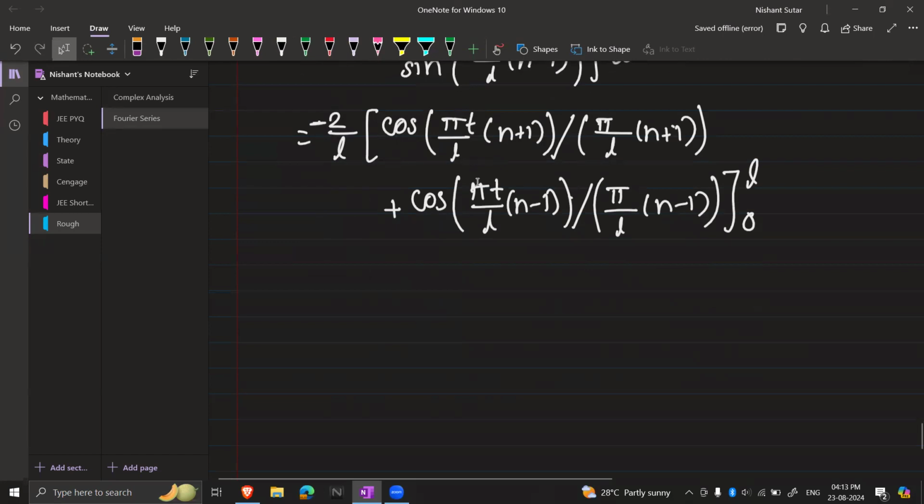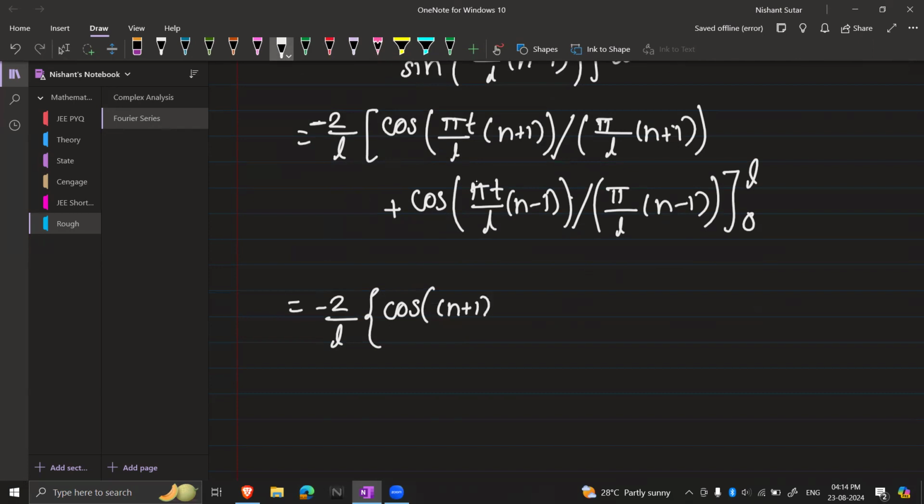So putting t equal to L, we will have cos of n plus 1 pi divided by pi n plus 1 into L, minus, putting the value 0, we will have cos as 1 and again the same denominator, pi n plus 1.